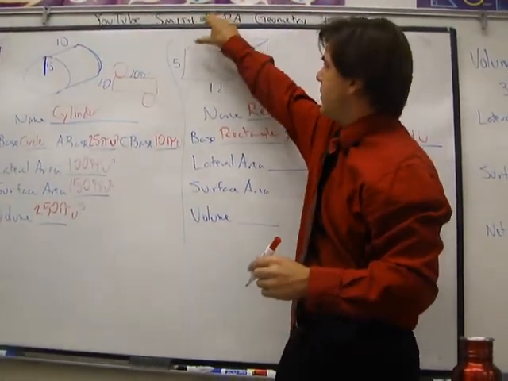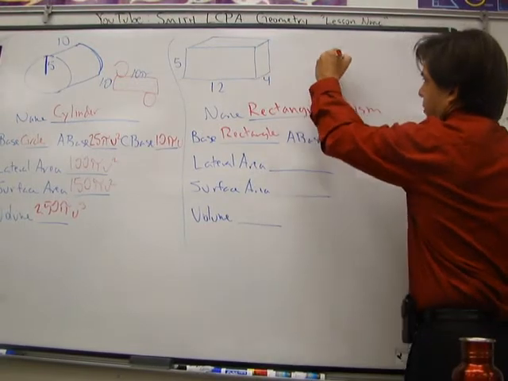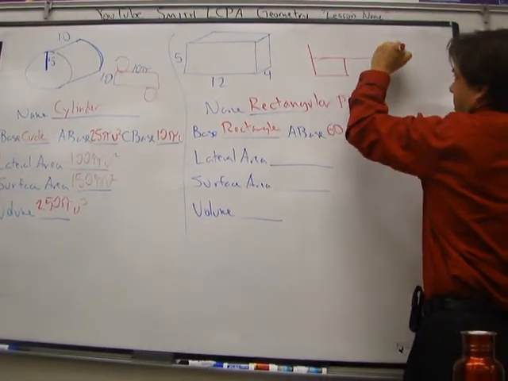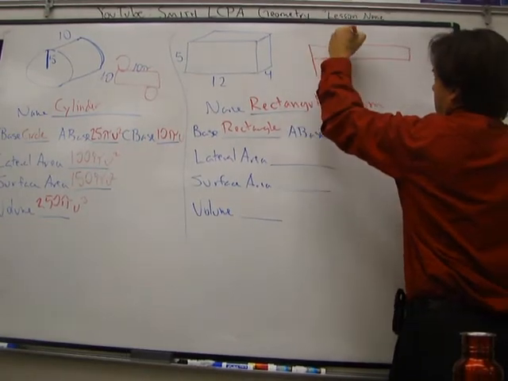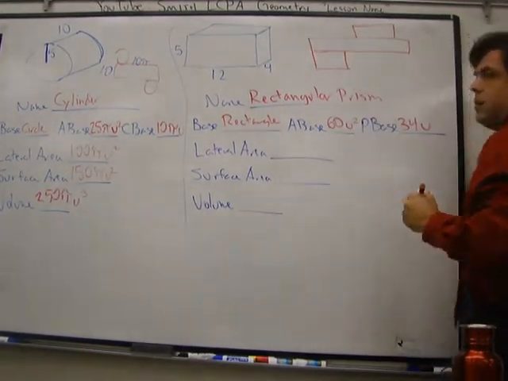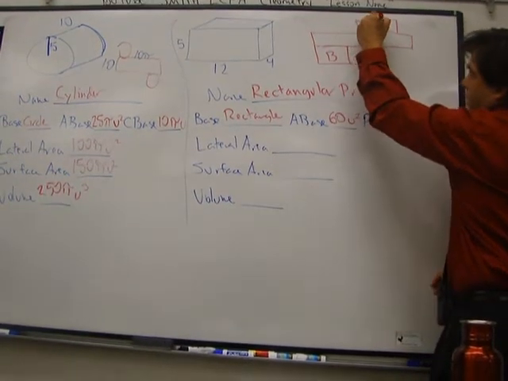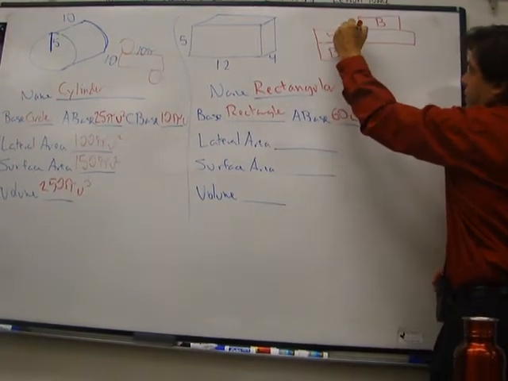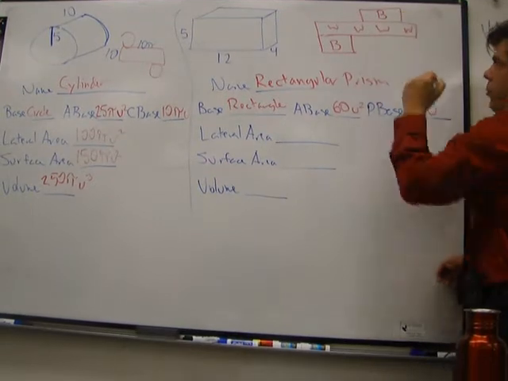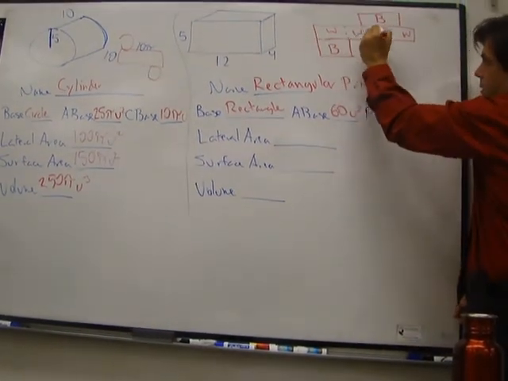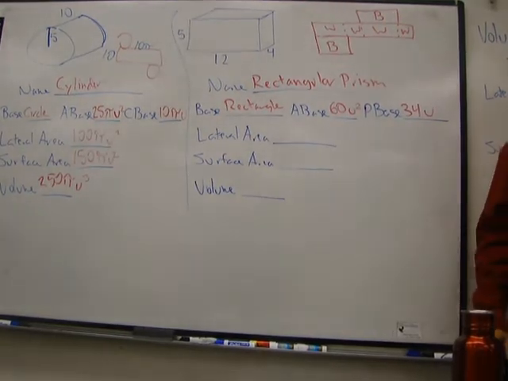What we have here is that this will all unwrap. So we've got our main, this is our base, and then we've got this. Okay, so these are our bases, and these are our walls. Did everybody see that? It's good to be able to draw a net quickly.